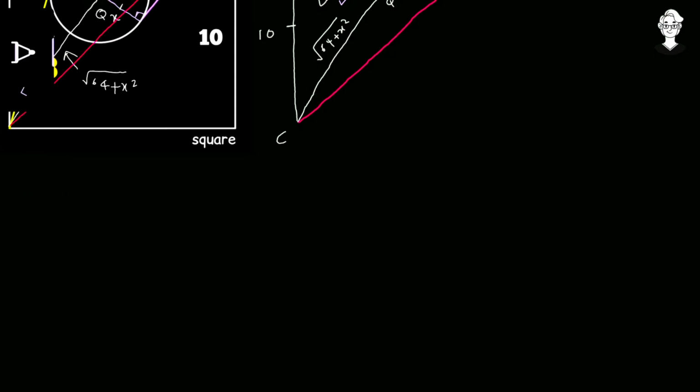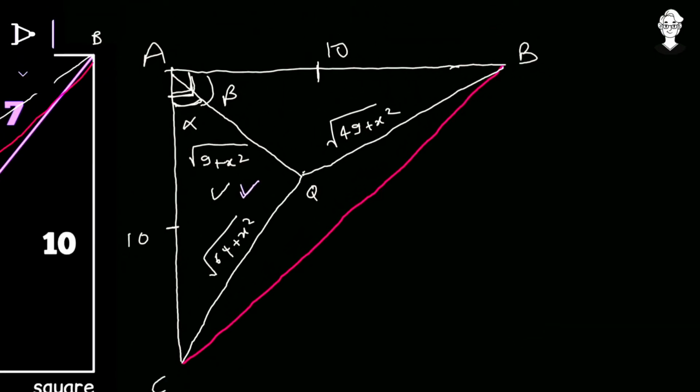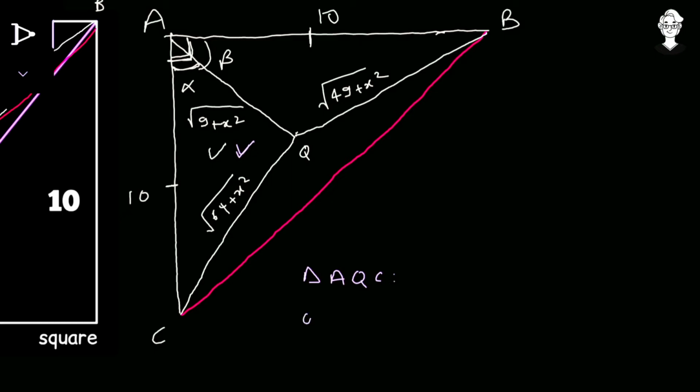So I'm going to use this to find the value of cos alpha in this triangle, that is triangle AQC. In this particular triangle, cos of alpha is going to be, I'm writing the simplifications also. This is the alpha, so the adjacent sides are this ten and square root of 9 plus x square. So I have to add their squares.